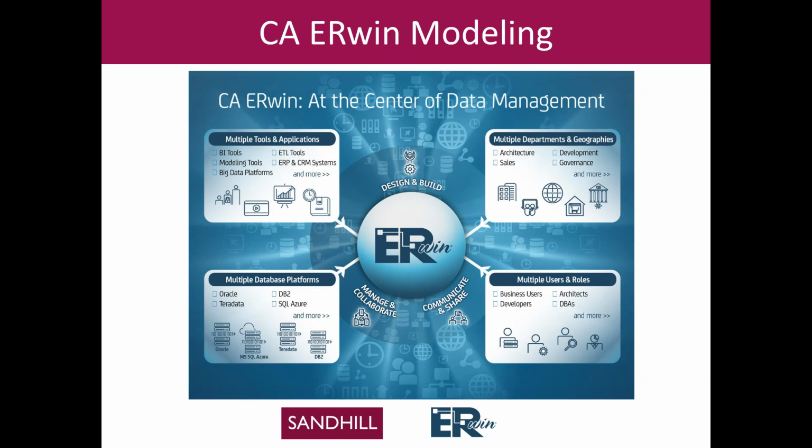Now moving to the upper right side of the diagram, in addition to the numerous technical details to manage, your metadata is communicated across numerous roles and geographies across the organization. Now this information needs to be accessible to other department personnel from functional business, data governance, and other functional areas throughout your organization.